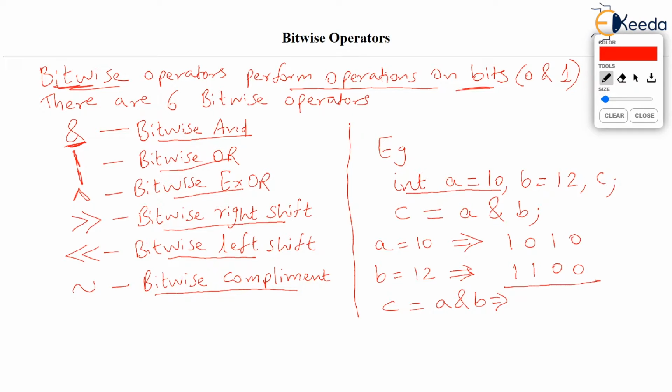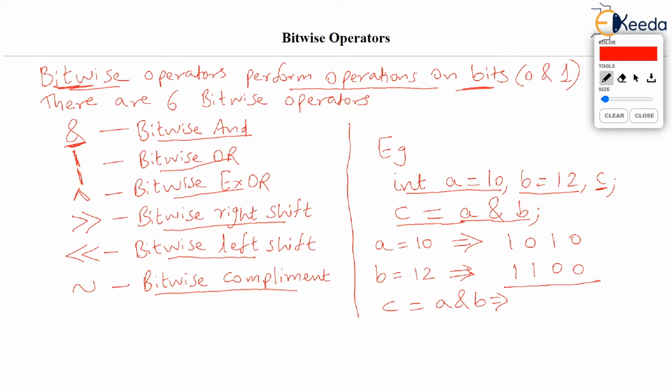The binary equivalent of 10 is obviously 1010. And if I have b equal to 12, the binary equivalent of 12 is 1100. And I have one more variable c whose value is not yet defined. Now the expression that we have written is c equal to a and b.